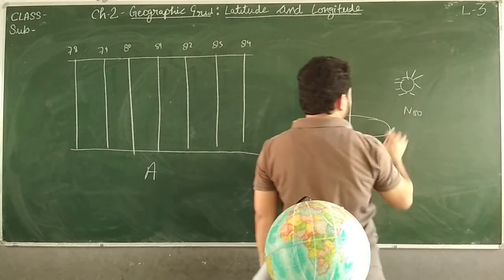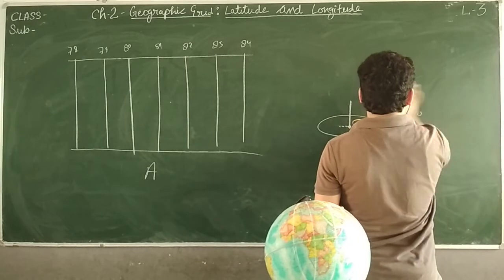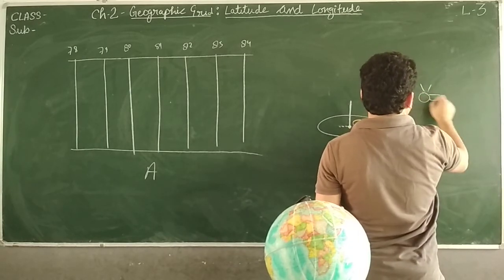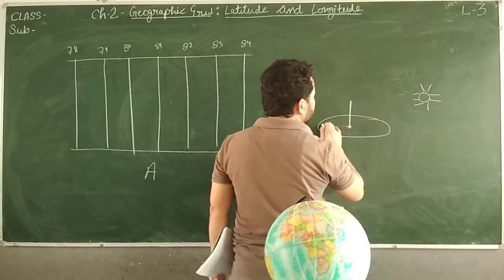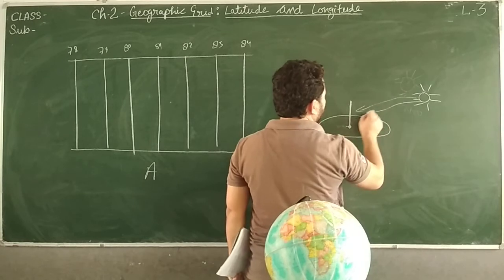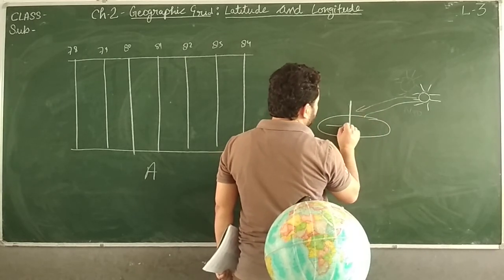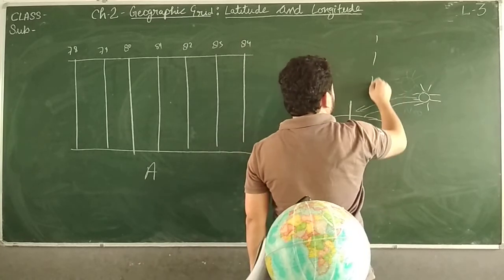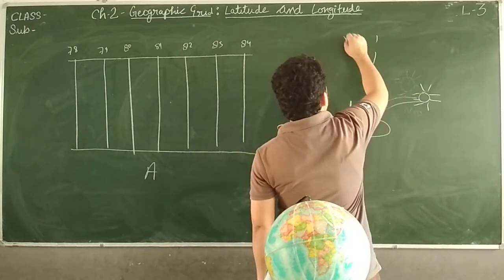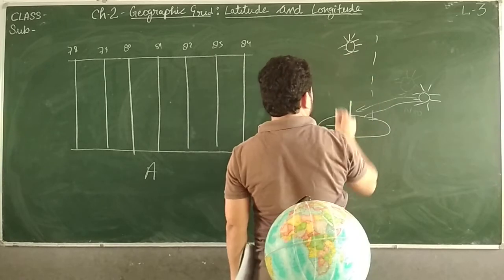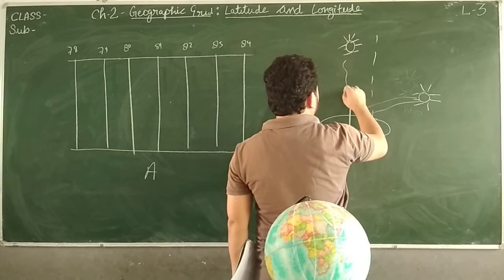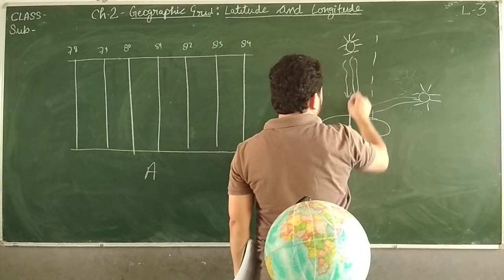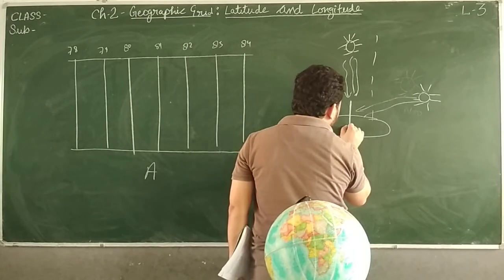In the morning, the sun will be here, the sun rays will fall like this, and the shadow will be this long. But when the sun is over the head, the rays fall directly, and you will receive only this much shadow.